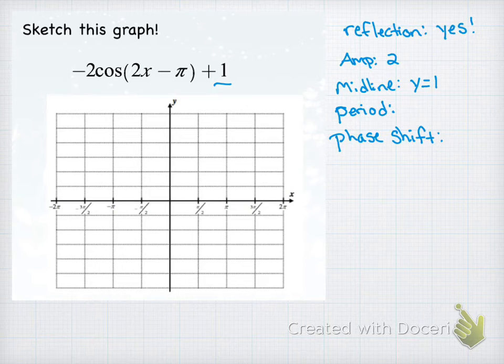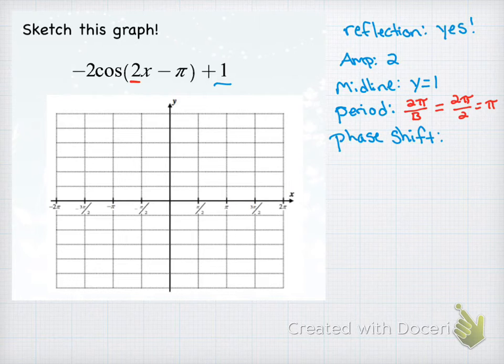The frequency is what number x is being multiplied by. So the frequency of this function is 2. So the period is going to be 2 pi divided by the frequency, which is often given the letter b. So 2 pi over b is 2 pi over 2, which is pi. So this function will finish up in pi units.